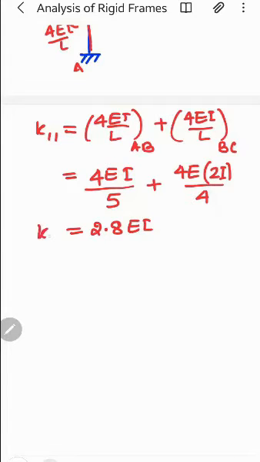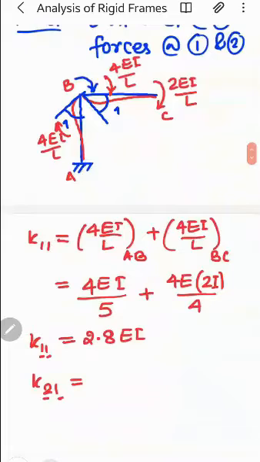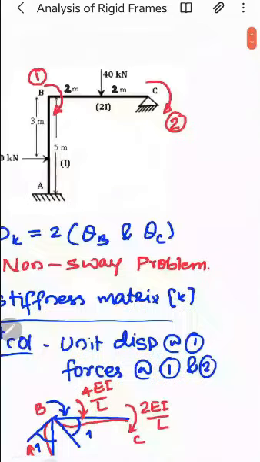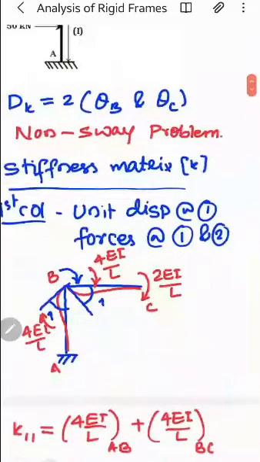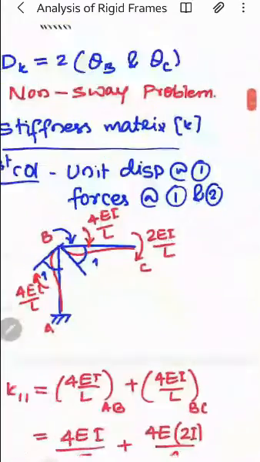This is K11. What is K11? K11 is the force at 1 when the unit deformation is at 1. Similarly, K21 is the force at 2 when the unit deformation is at 1. The coordinate number 2 is at C. So at C, the force is 2EI by L, and both are in clockwise direction.